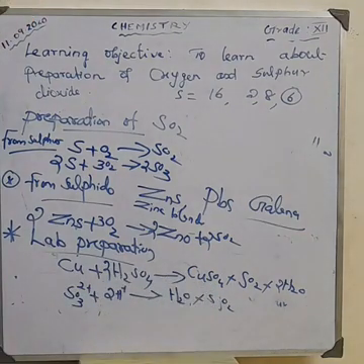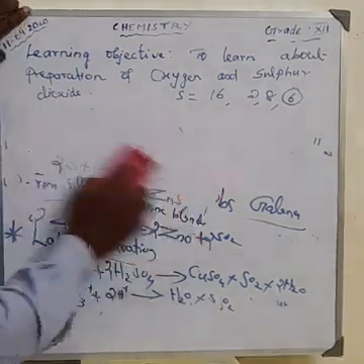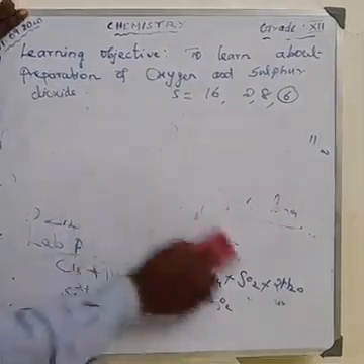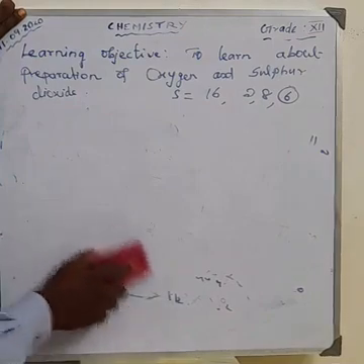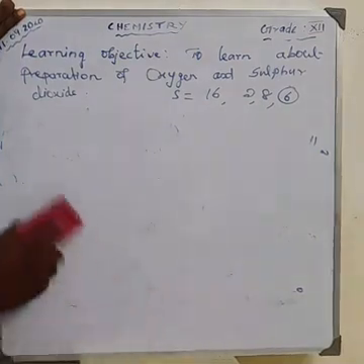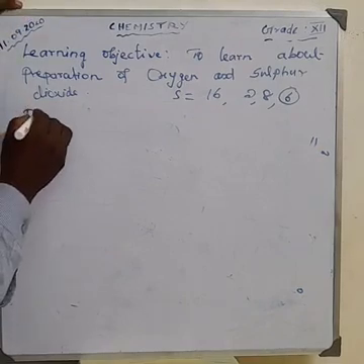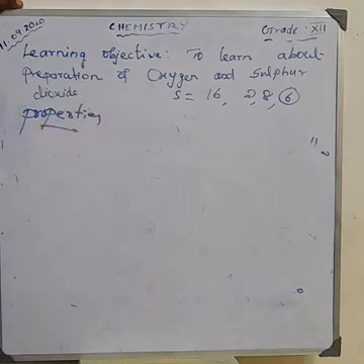Next, what are the properties of sulfur dioxide? First property: sulfur dioxide gas is formed in volcanic eruptions. That we already learned in small classes.